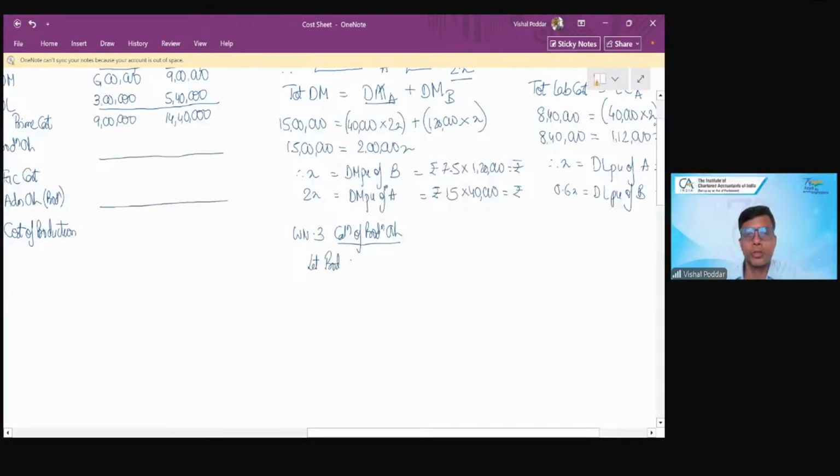Let production overheads per pair be X. Now it is same for both. So total production overheads is equal to production overheads of A plus production overheads of B.